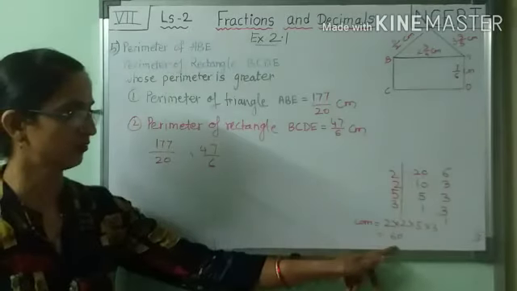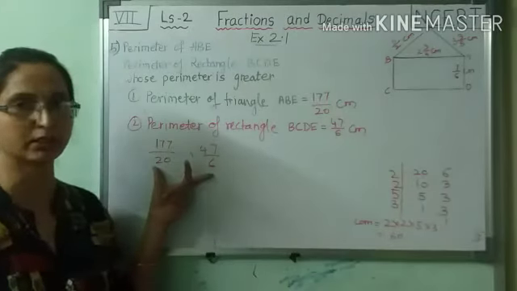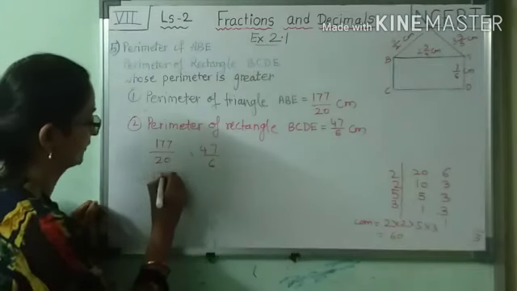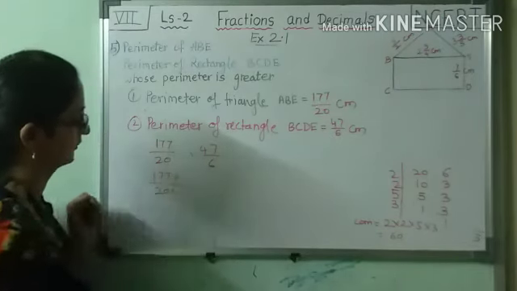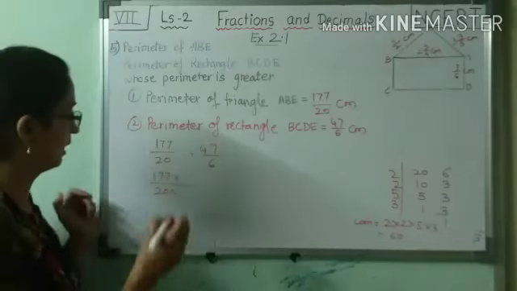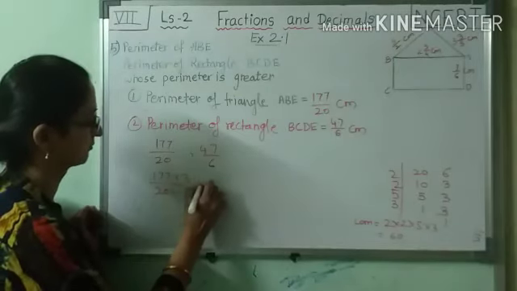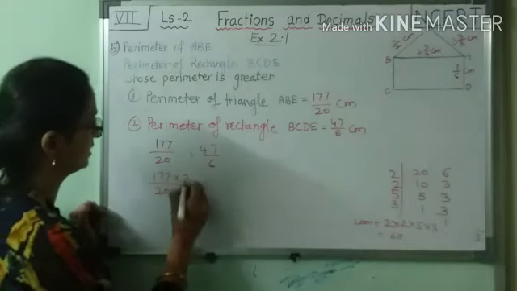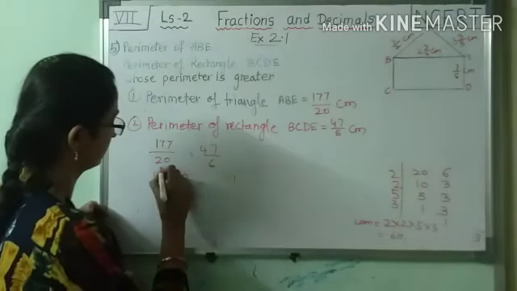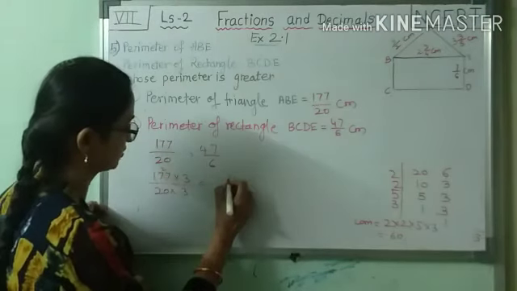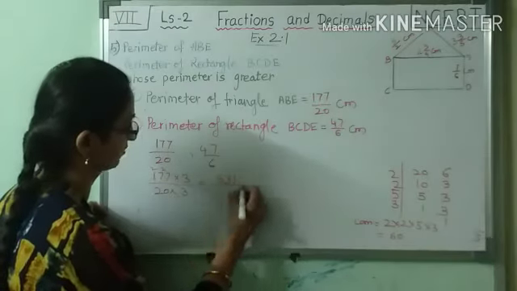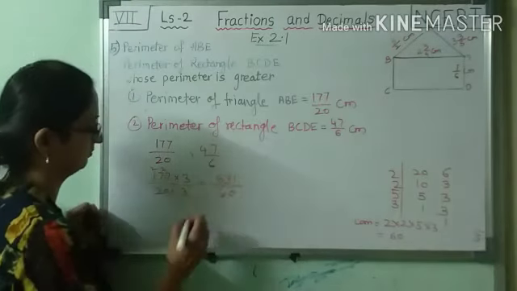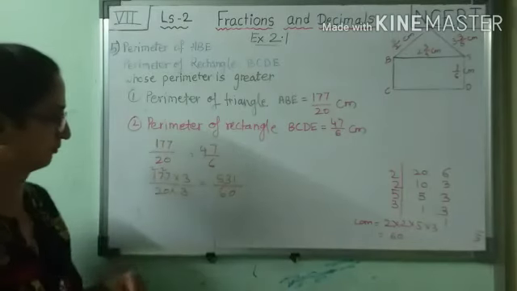So we want this 60 as denominator. Let us do that. How will we get 60 here? By multiplying it by 3. So the answer is 3 7s are 21, plus 2 is 23, 3 1s are 3 plus 2 is 5, and 3 20s are 60.